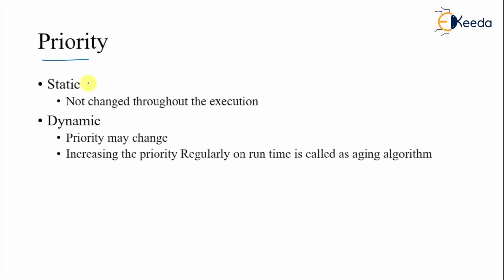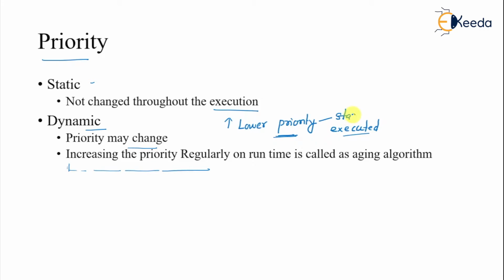Priority can be static, which does not change throughout the execution, or it may be dynamic, where priority may change. One problem is that a process with lower priority may not get executed, because a higher priority process always comes into the queue and gets executed, and the lower priority process is starving for the resource.